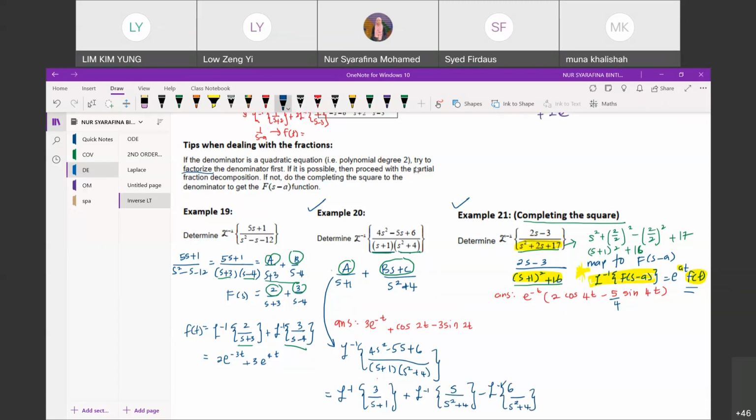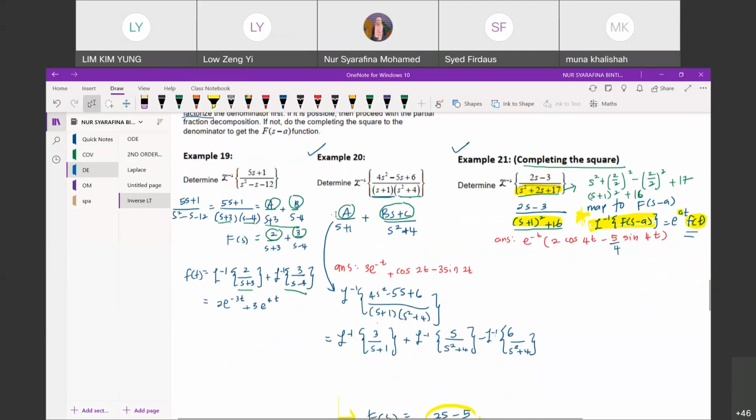So you can inverse transform one by one here. Once you understand how to transform directly based on the table of transformation of properties, you can inverse transform this one by one. So these 3 put outside. This is already simplified. And this one is 4.